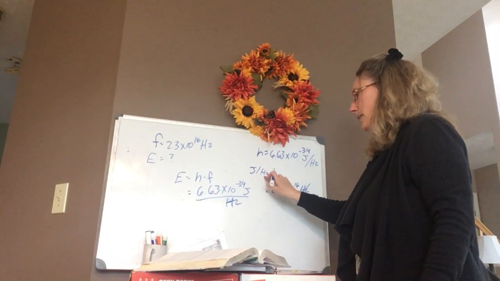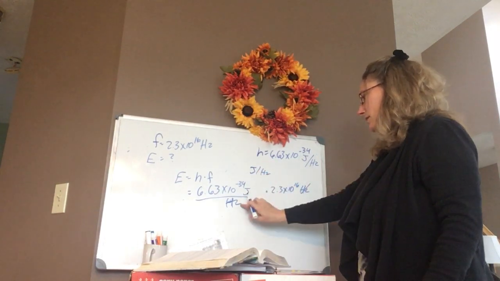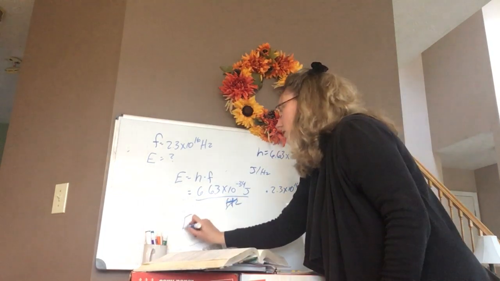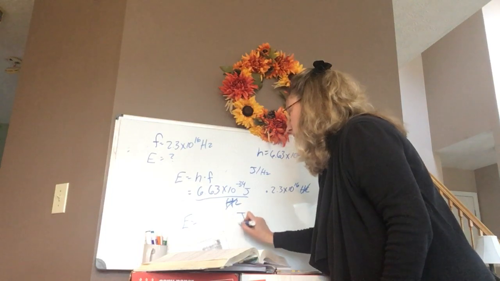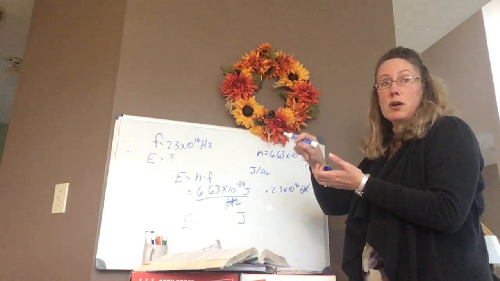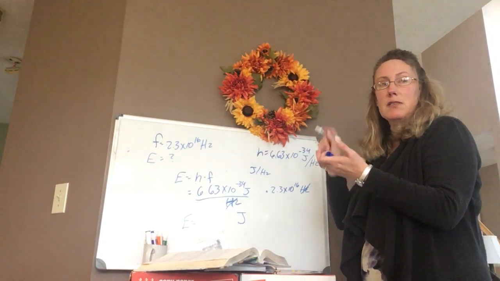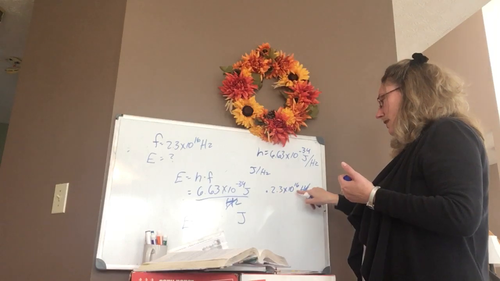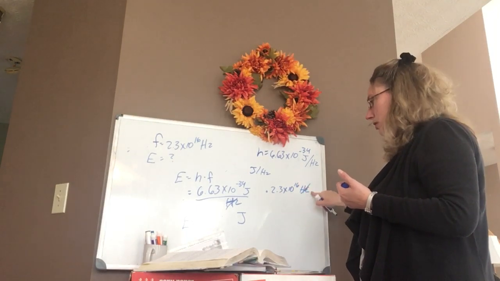Joules per hertz or joules slash hertz. Just remember this is on the bottom. So this is on the top, this is on the bottom. They cancel out, and I'm left with energy that's in joules. So you're going to take 6.63 times 10 to the negative 34th. Hopefully you know where your EE button is, or your times 10 to the whatever button is. Times 2.3 times 10 to the positive 16 hertz.